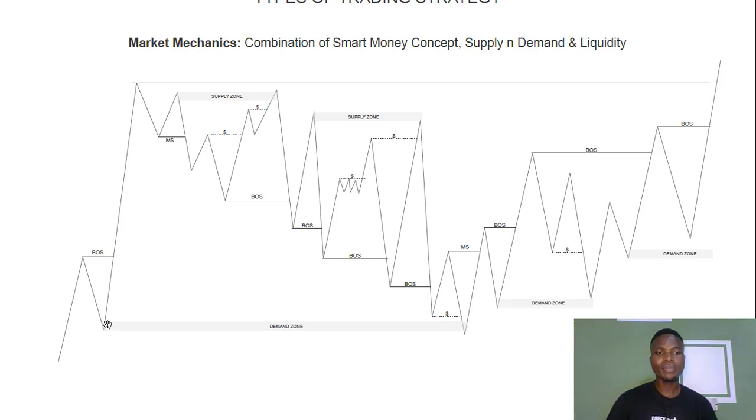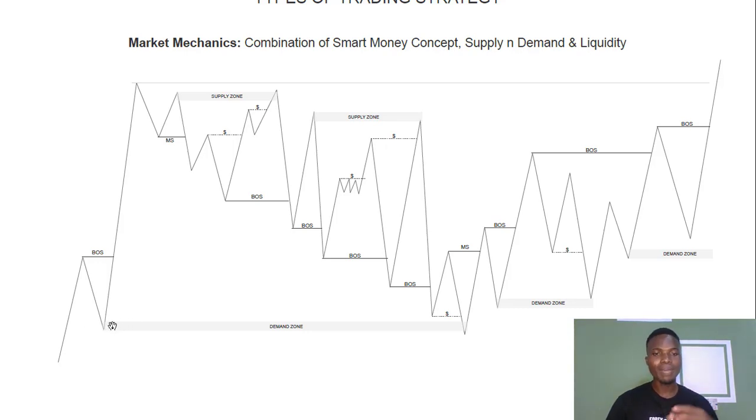Okay, so immediately they got to this point, the buyer said, oh no, we are still in control of the market right now. So they push the market upward, creating a break of structure right here. Now, one thing I want you to understand is that immediately the buyers took control again of the market right here, we have a demand area right here. We have a demand area.